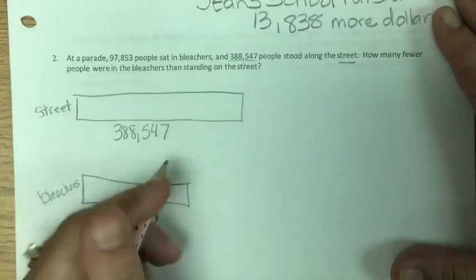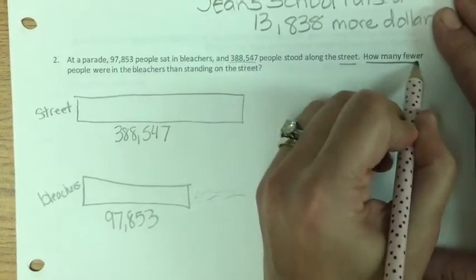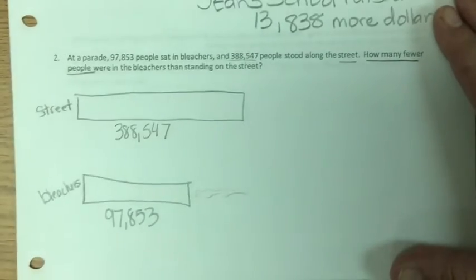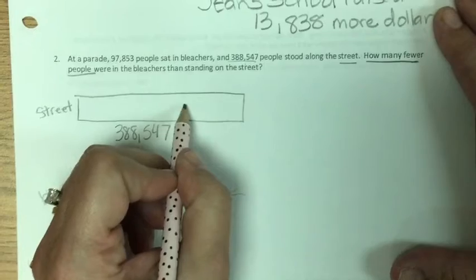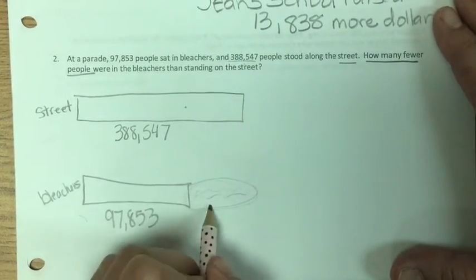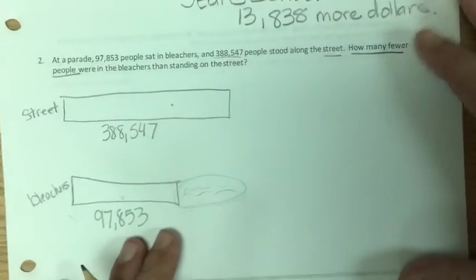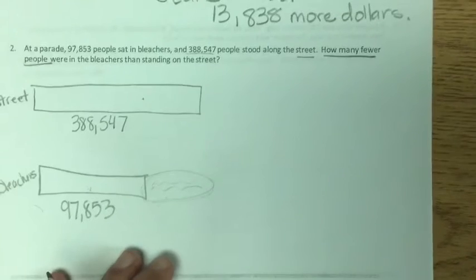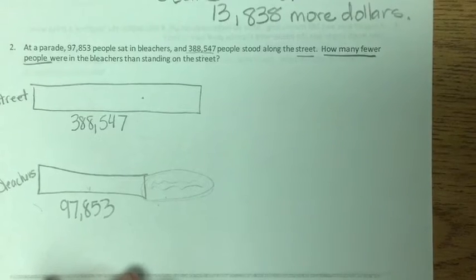Okay, so how am I going to find the difference? How many fewer people were in the bleachers than in the street at this parade? So I am looking for the difference because this one is a smaller number. How do I find the difference? Well, I gotta figure out what is my mathematical problem here.